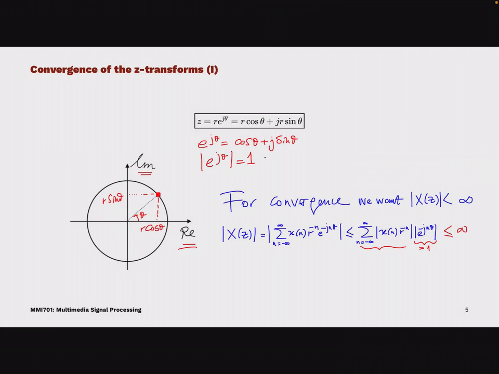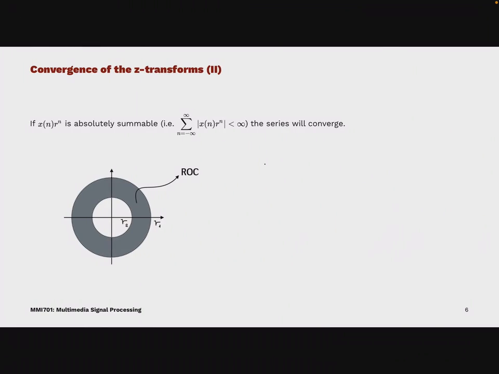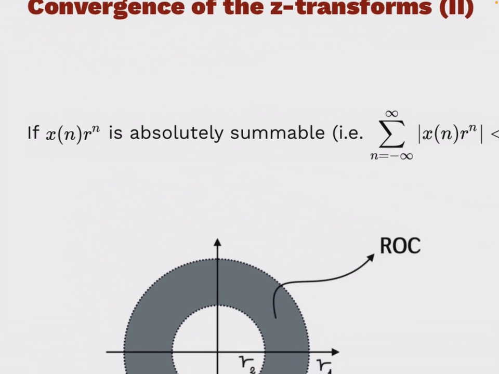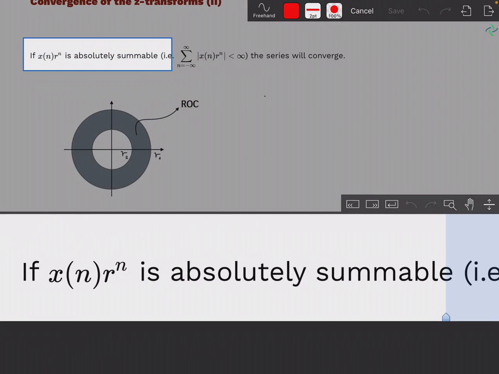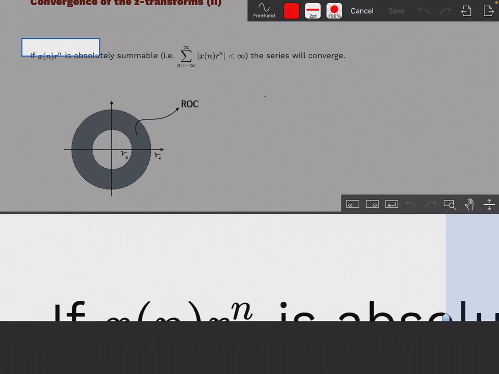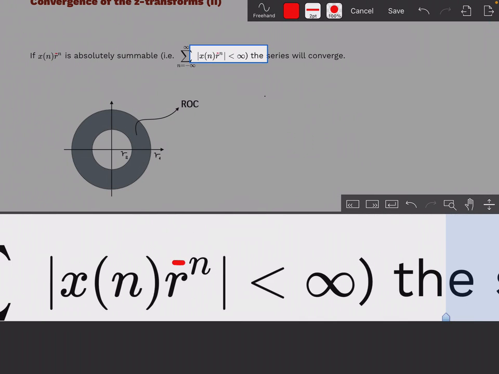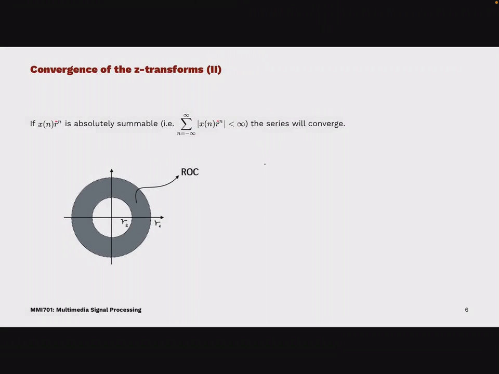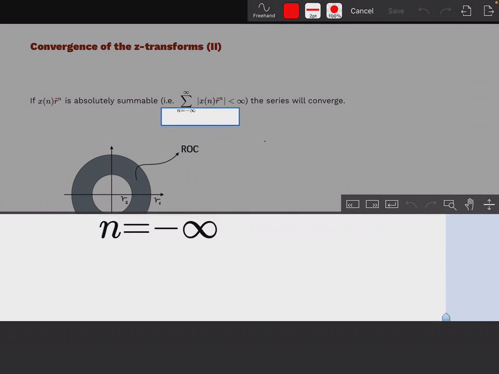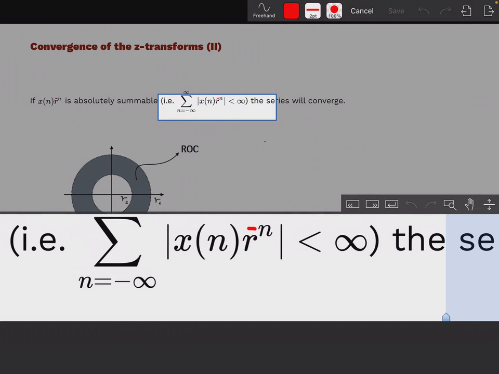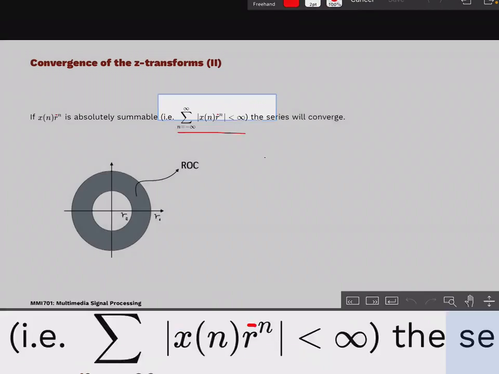That is going to mean if x of n r to the power minus n, so there's a little typo in here, I need to change this. So this has got to be not n, but minus n, and same goes for this. Okay, so r to the power minus n is absolutely summable. That is, if this expression holds, if this relation holds, this inequality, then the series is going to converge.